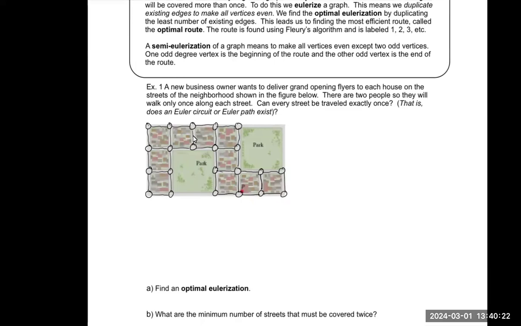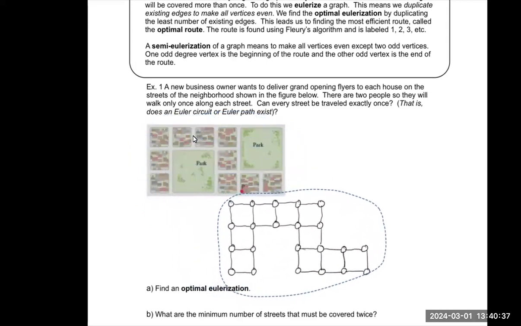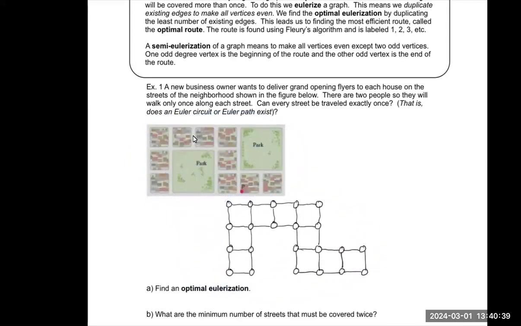Okay, now that I have it like that, all these little details, like the buildings and stuff, are kind of distracting. So I'm going to grab everything and just pull it away. There we go. And now I'm going to find the degree of all the vertices.